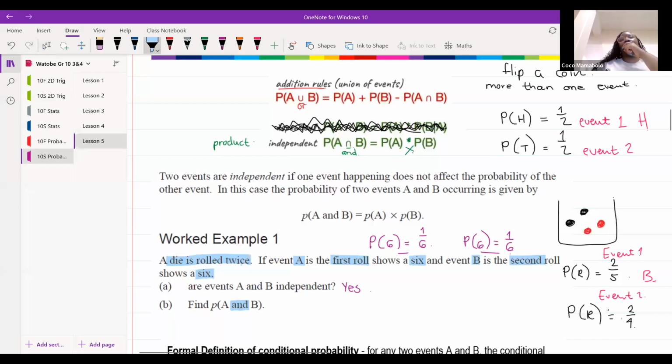Correct, it's the intersection, so it's the product rule. The product rule says the probability of A intersection with B is equal to the probability of A multiplied by the probability of B.